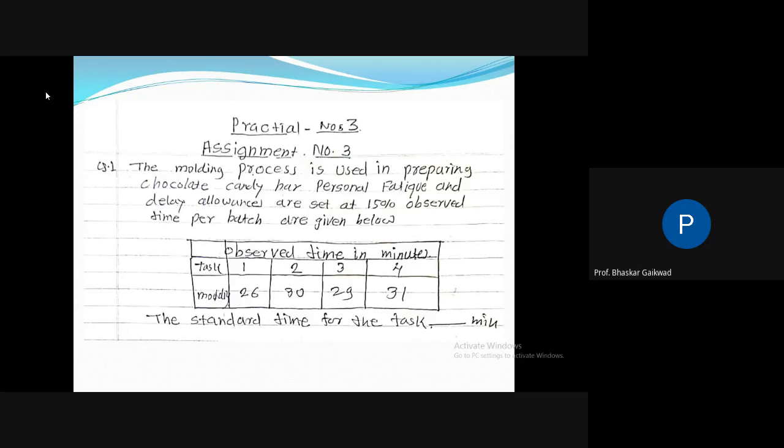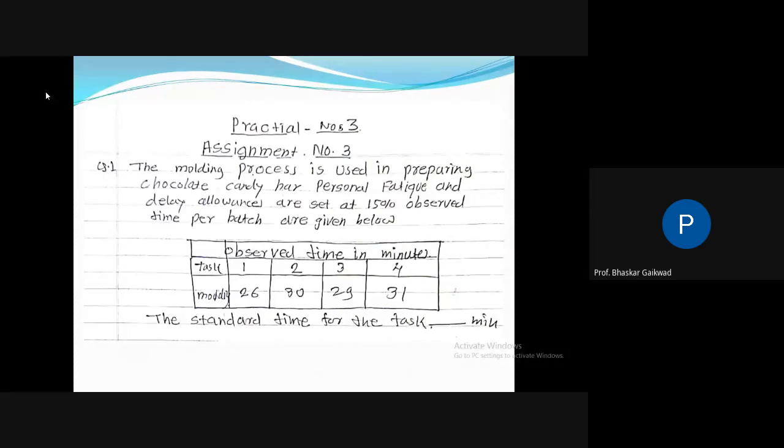So what is your question? Let's calculate the standard times for the task. On average, what is actually the standard time required for this? Like this question is expected in your exams, GATE exams or university exam. Very simple thing.